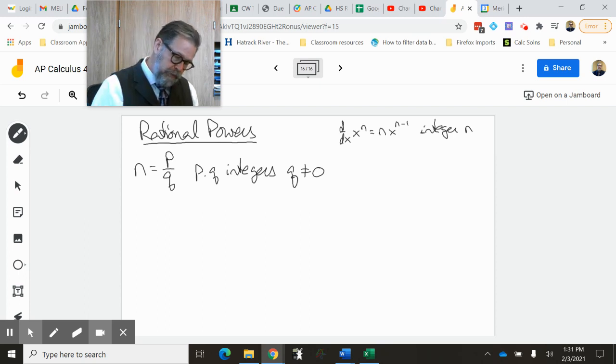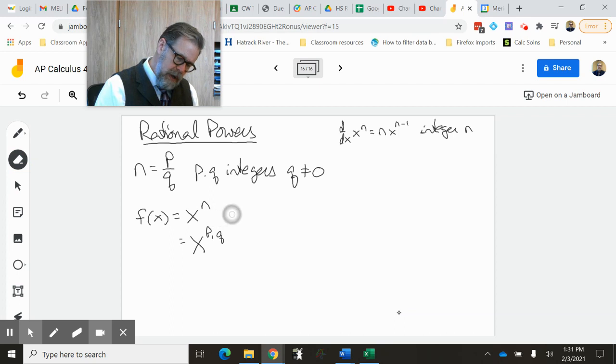So if I'm looking at the function f of x equals x to the n, that's the same as the function x to the p over q. And that's the same as the qth root of x to the p.